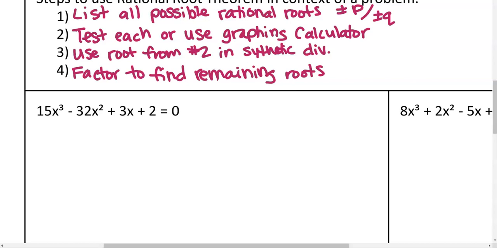I need factors of 2 divided by the factors of 15. So what are my factors of 2? 1 and 2. What are my factors of 15? 1, 3, 5, and 15. The list is going to be a little bit longer this time.